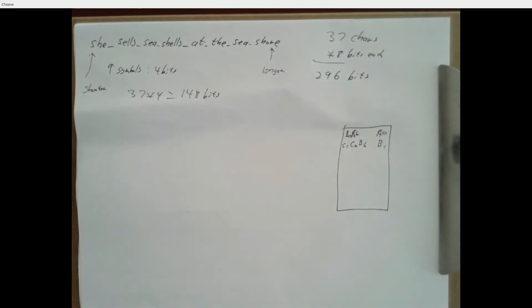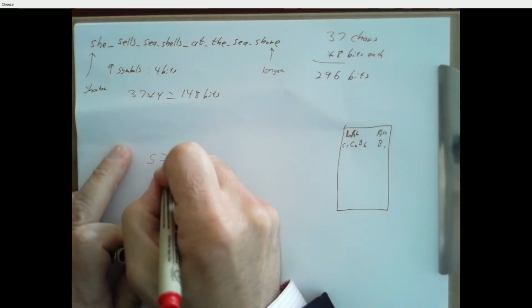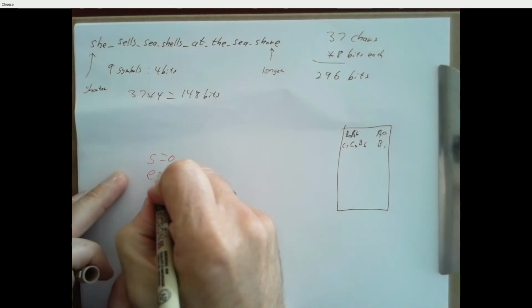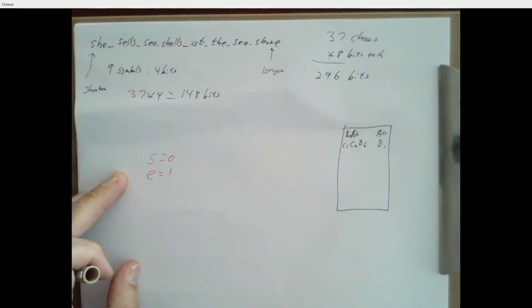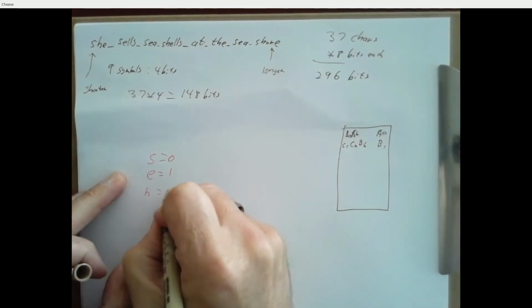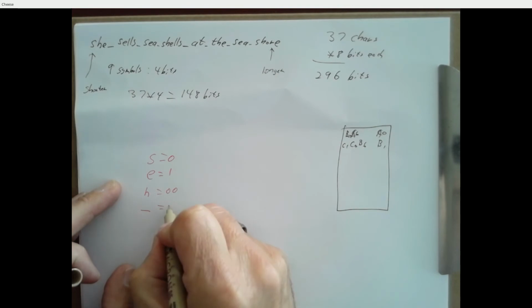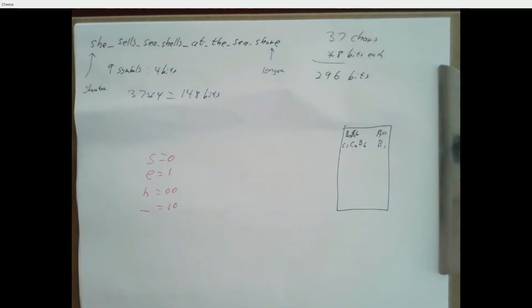Right? For example, we can't do this. So S is really frequent. E is also frequent. And then H is not so common, so we could make that a 2-bit code, and underscore is not very common, so we could make that a 1, 0. Right? This is not a usable code. Why?